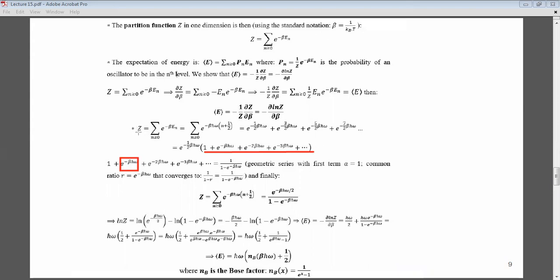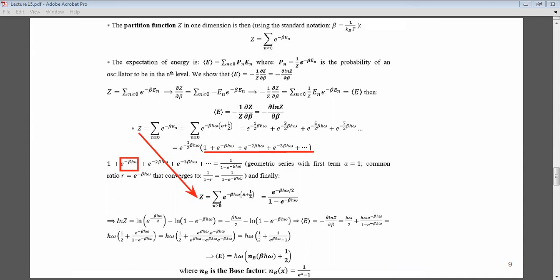So now I have Z. First we found that it is equal to the summation of e to the minus beta h bar omega (n plus half).